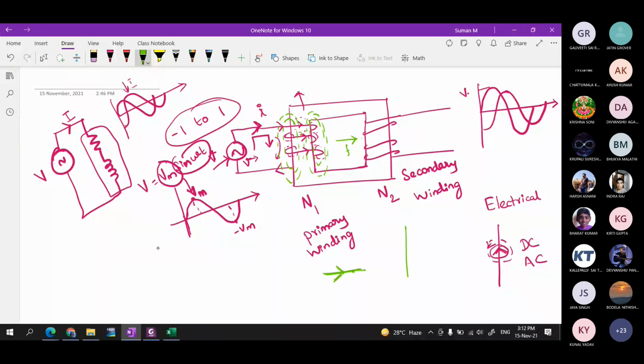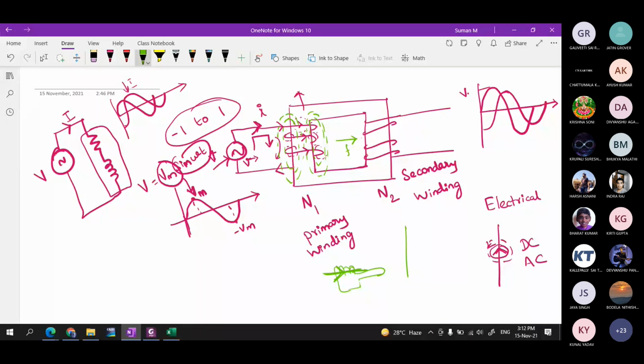Then you hold your right hand in a horizontal fashion, means your fingers are like this, and your thumb will be in this fashion.